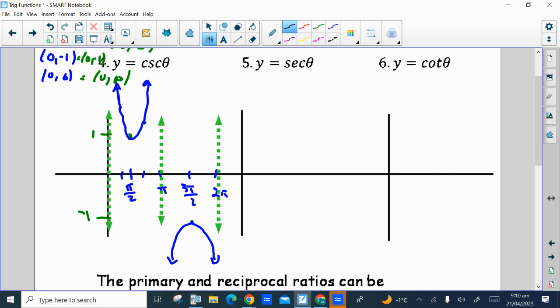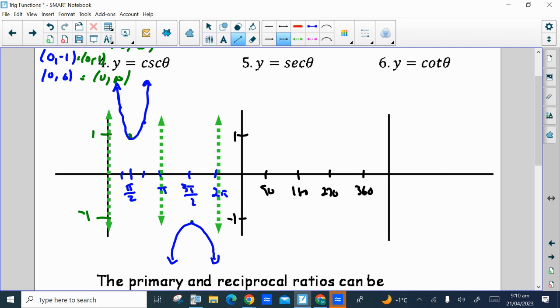So in the same way, we could graph secant, which again has critical points at every 90 degrees, or pi on 2 radians. And in the same way, we could graph this, only now the asymptotes are at 90 degrees.